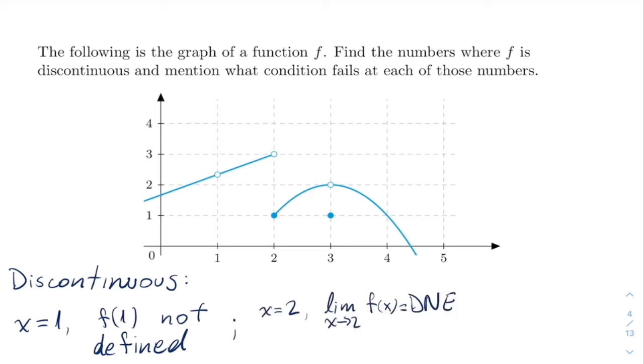Finally, the other number where we have some kind of trouble is at x equals 3. Why is that? The value of the function is equal to 1, but the limit of this function is equal to 2. So the limit and the value of the function are not equal.